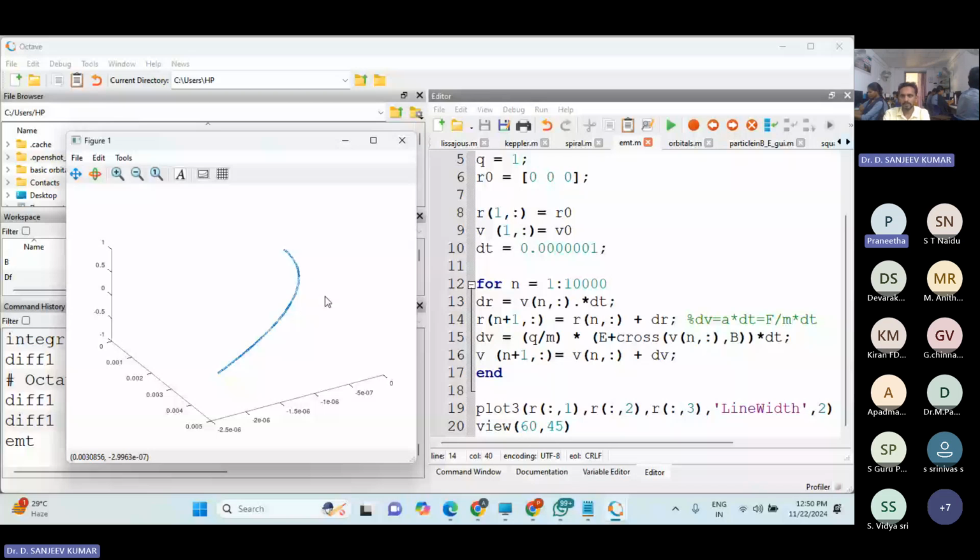So this is the trajectory of charged particle in perpendicular electric and magnetic fields. So I'm setting the viewpoint at 60 degrees and 45 degrees. That can be altered depending on the requirement. You can just play around.